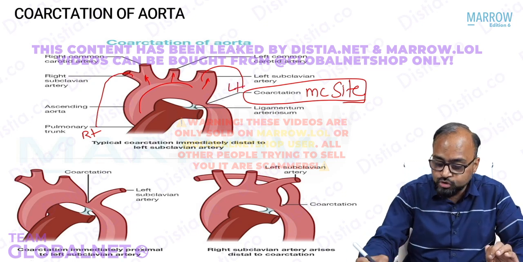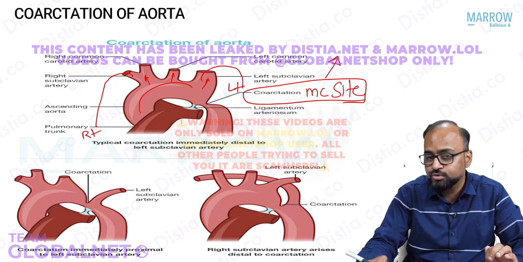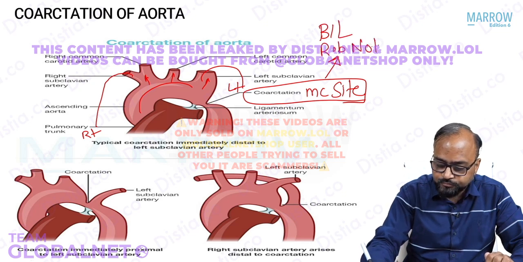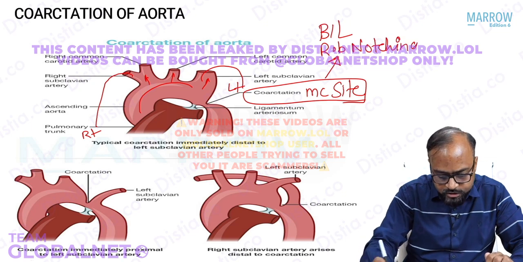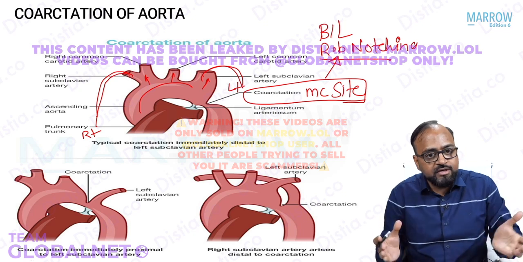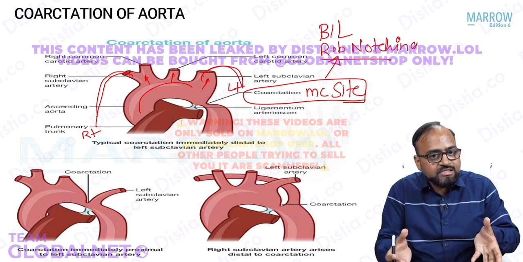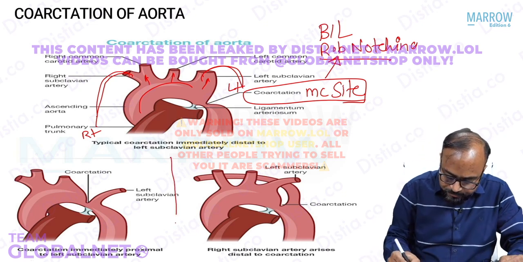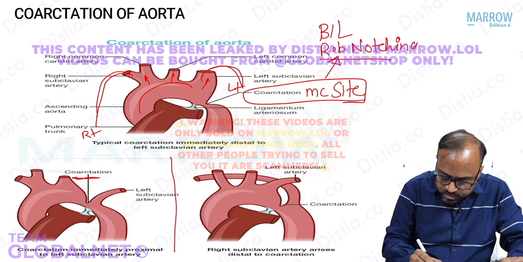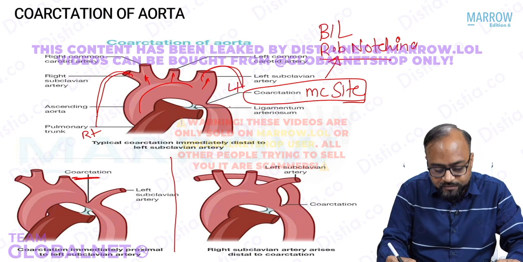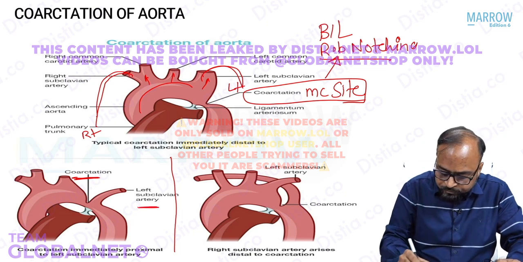So in this most common, typical situation, there will be bilateral rib notching, because the collaterals are arising from bilateral subclavian arteries, the bilateral intercostal arteries and the internal thoracic arteries. Whereas in a situation where the coarctation is not at the post-ductal site, not distal to the subclavian artery but proximal to the subclavian artery, what will happen?